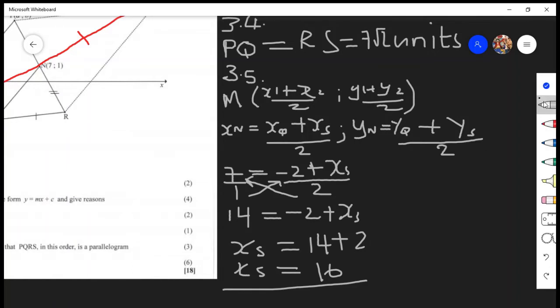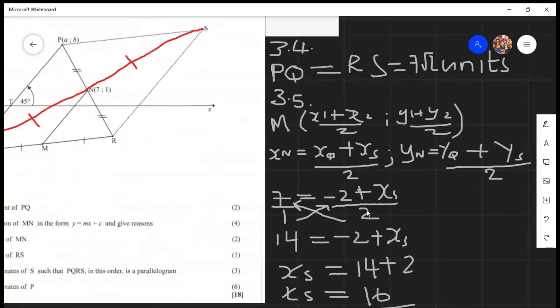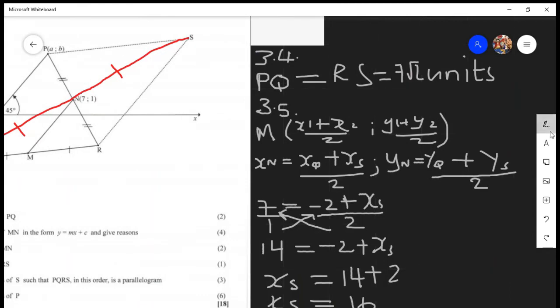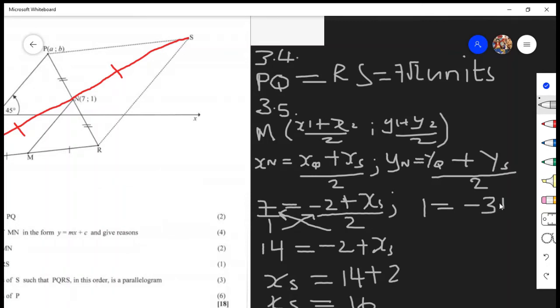So now to calculate our y value. So now we need to get the y coordinate, or the y value of n. So our y value of n is now 1, and our y value of q is -3. So we need to substitute 1 and -3. So 1 is now equal to -3 plus the y value of s all over 2.